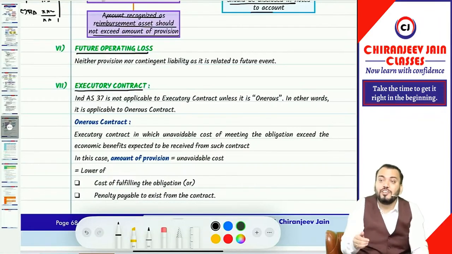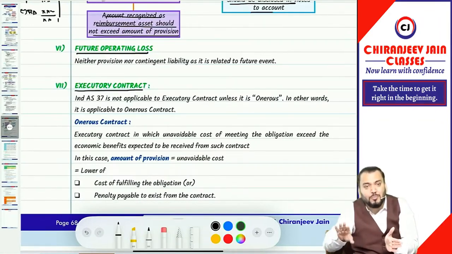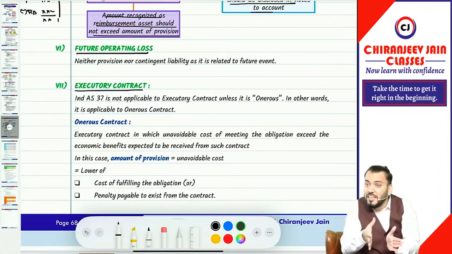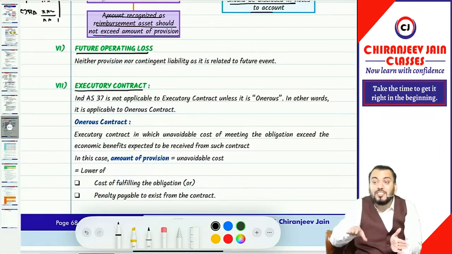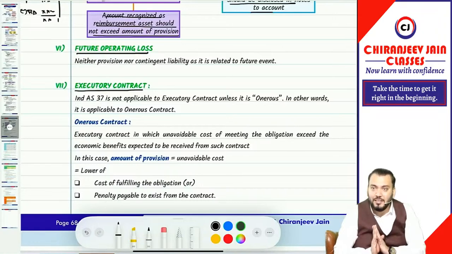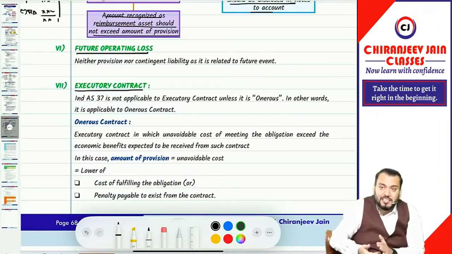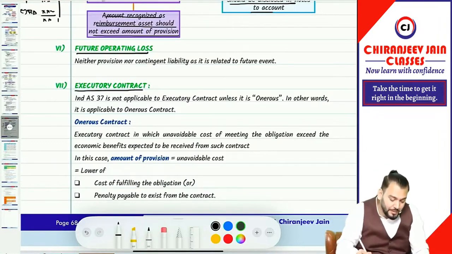Correct? Obligation has not been performed by both the parties, or it is performed partially by both. That is known as an executory contract. Now one question arises: if there is some executory contract, whether Ind AS 37 will be applicable to that contract or not. Let me take one example.